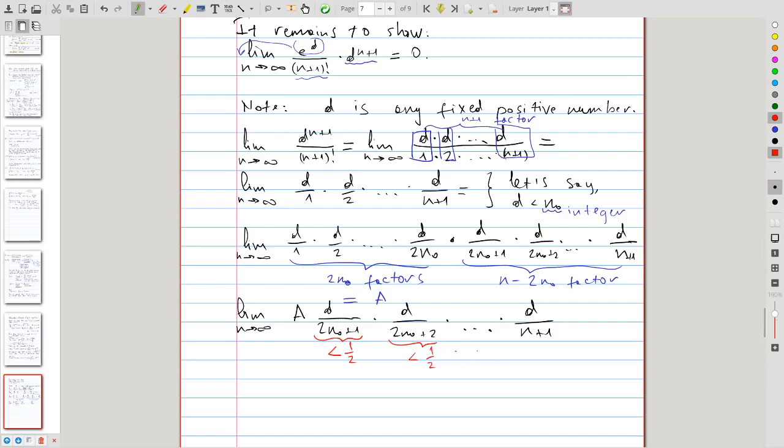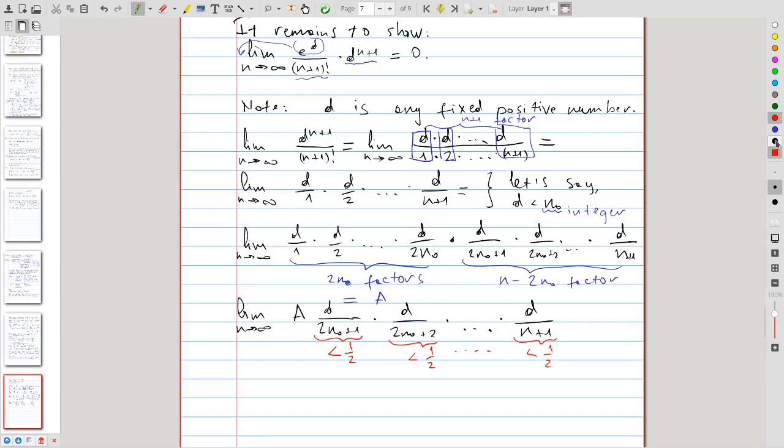And the same holds for all the rest of them up to this fraction here, which is also less than 1/2, because d being less than n0 means that the numerator is at most 1/2 of the denominator, and it holds for every fraction in this product.